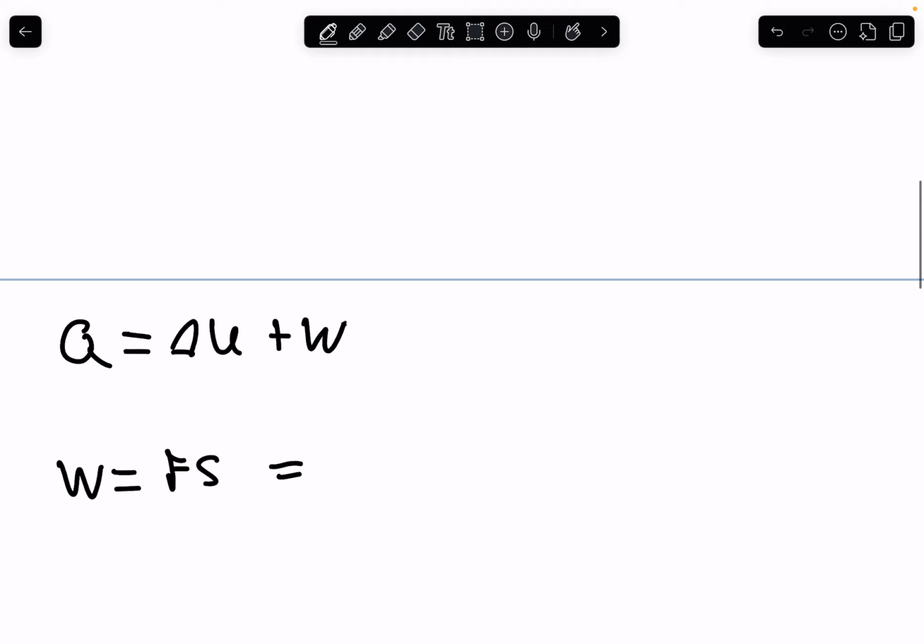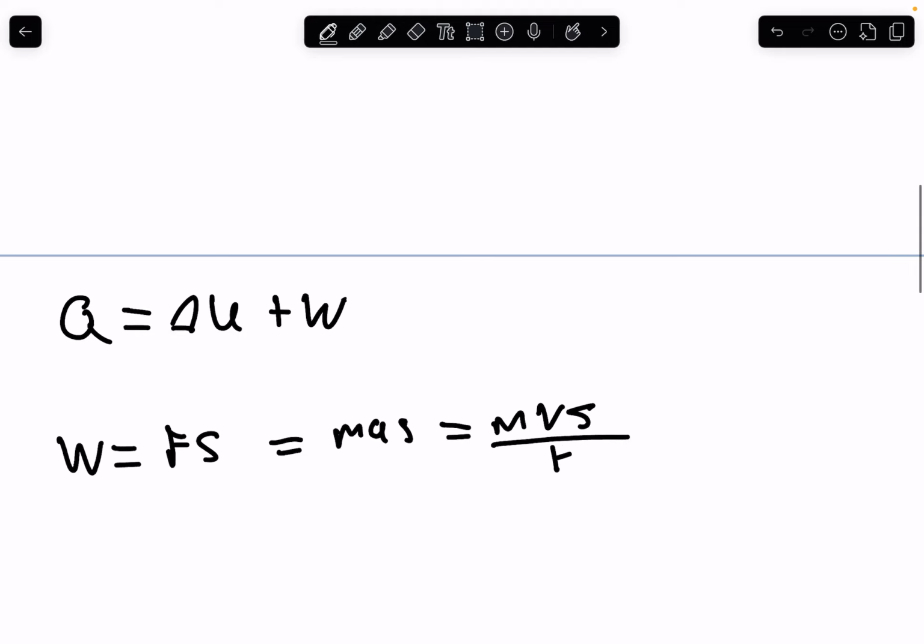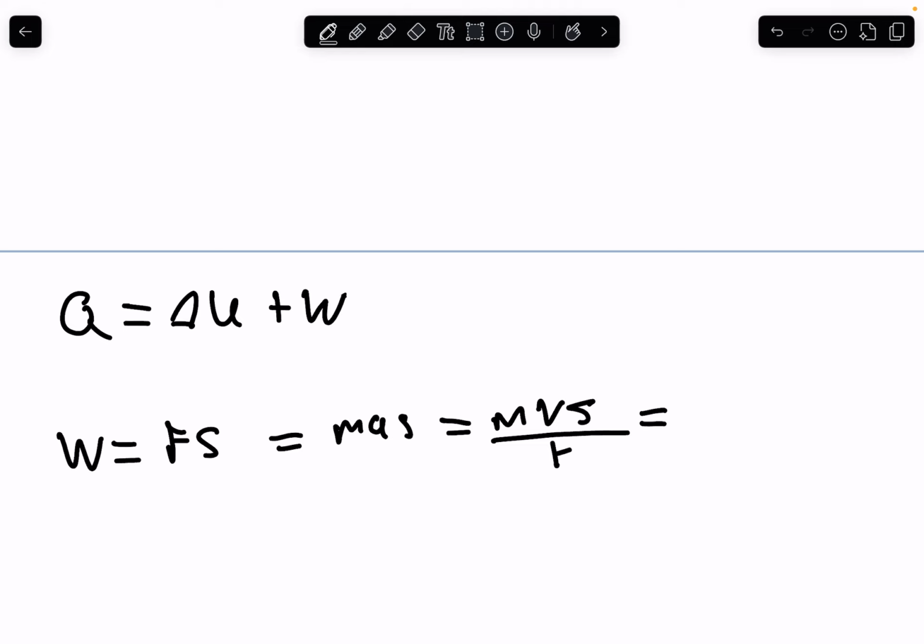Force is mass times acceleration, times displacement. In more fundamental units, we get mass times velocity times displacement over time, which is equal to mass times displacement squared, since velocity is displacement over time, over time squared.